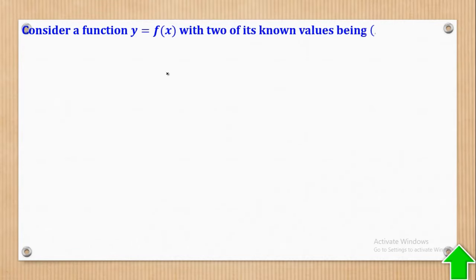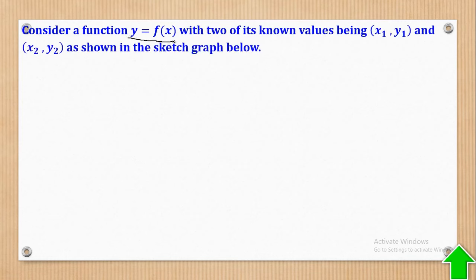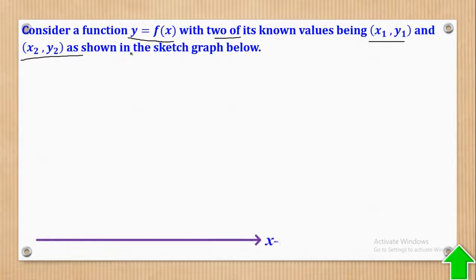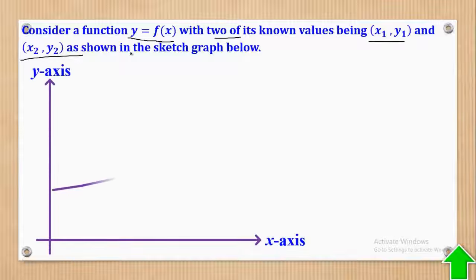So just like we did for linear interpolation, here we are also going to consider a function y equal to f(x) with two of its known values being x1, y1 and x2, y2, as shown in the sketch below. So we shall draw the axes, and then we show the function y equal to f(x).